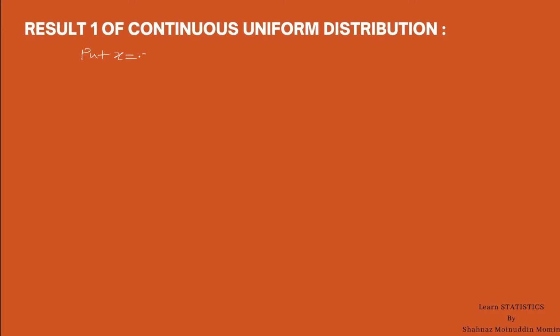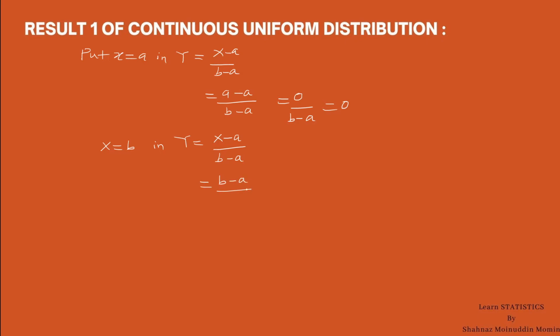Put x equal to a in y, we get 0. Similarly, put x equal to b in y, we get (b minus a) divided by (b minus a), that is 1.